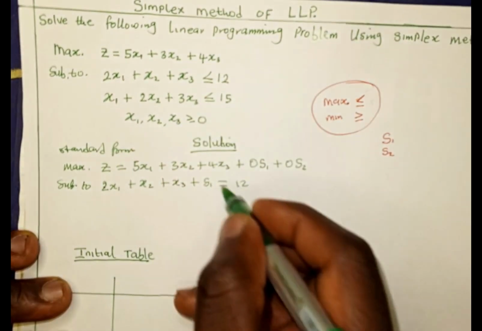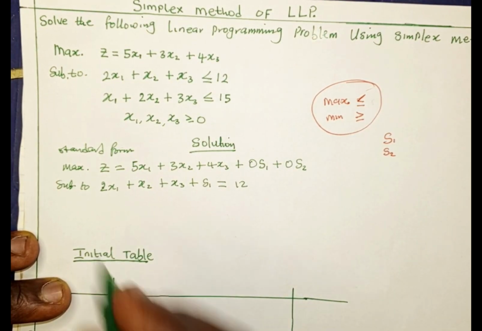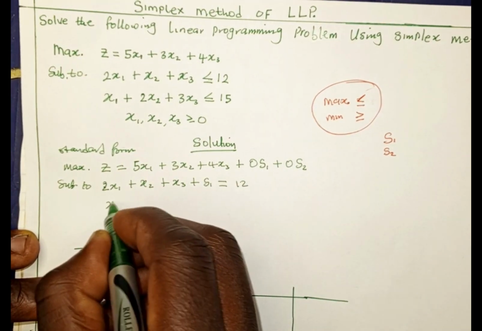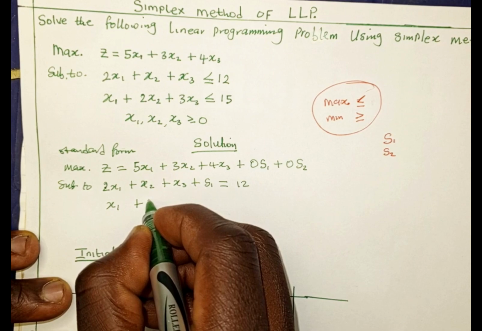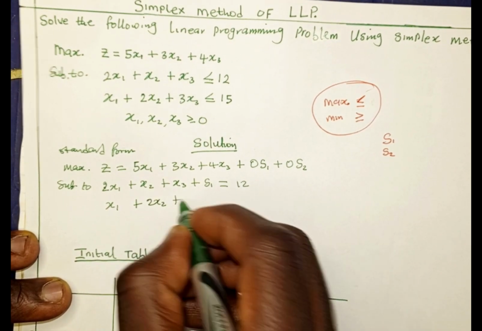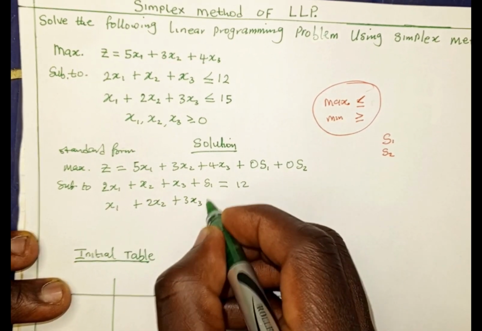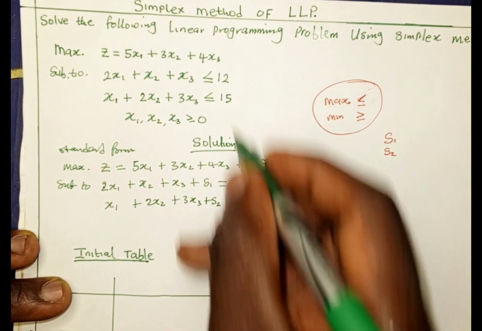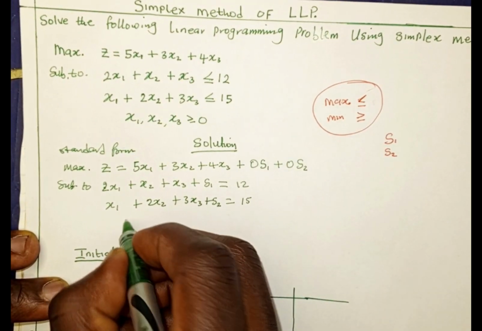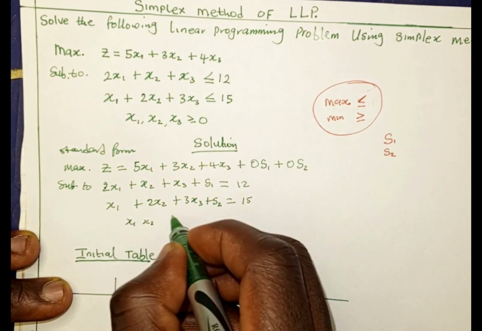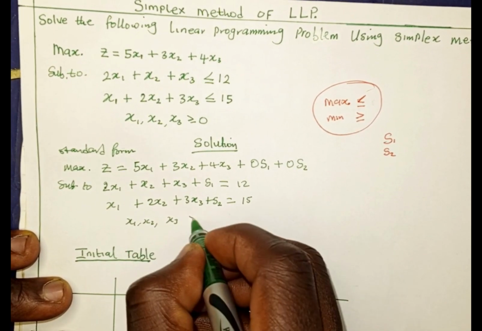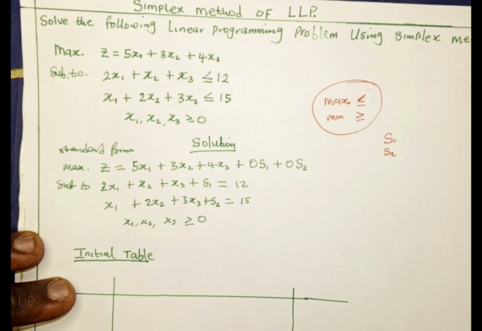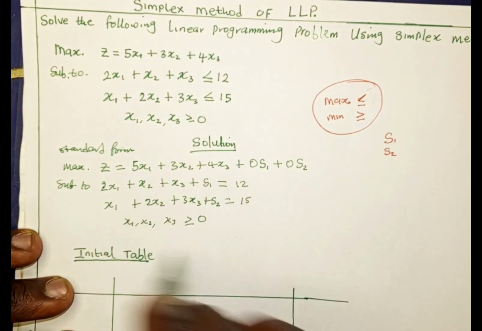We change this inequality to equal to 12. Then the second equation is x1 plus 2x2 plus 3x3 plus the second slack variable S2, equal to 15. So x1, x2, x3 is greater than or equal to 0. This problem is already in standard form.